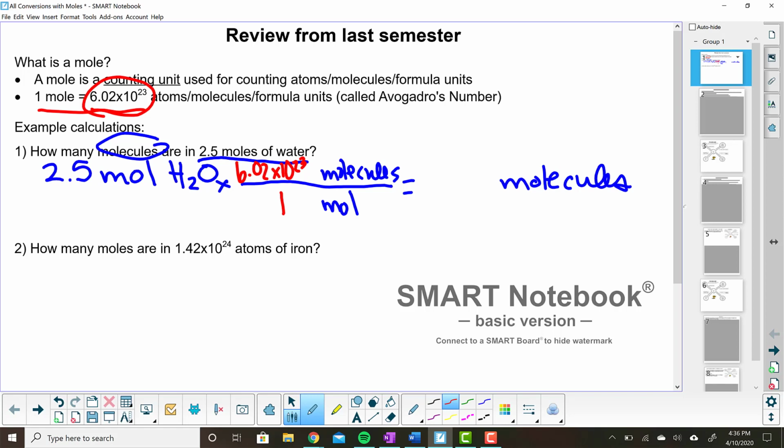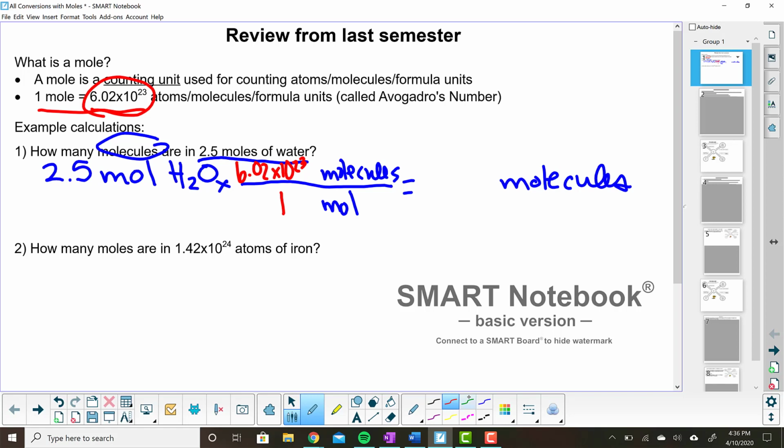So to solve this problem, we multiply across the top and then divide by what's on the bottom. So I'm going to take 2.5, multiply it by 6.02 times 10 to the 23rd. I'm going to get an answer, and I'm going to divide that answer by 1. Luckily for us, dividing by 1 gives us the same number.